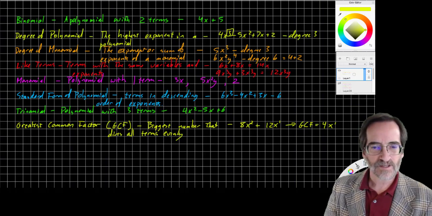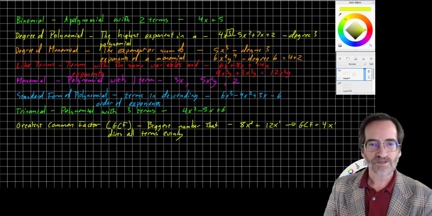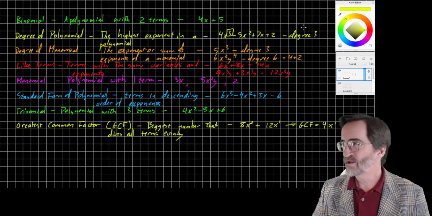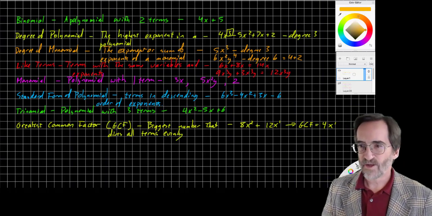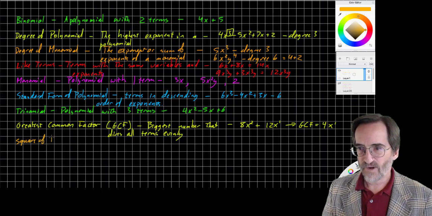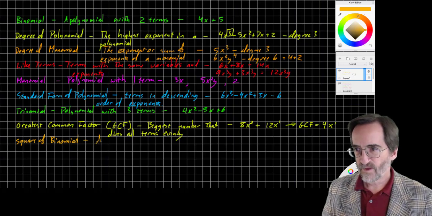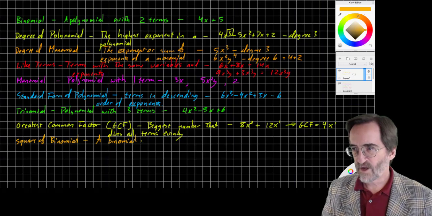Okay, multiplying binomials. That's lesson 3 here. Let's see what keywords here. Binomial and trinomial, already defined. Multiplying special cases, lesson 4. Square of a binomial, let's write that one down. Square of a binomial: a binomial multiplied by itself.